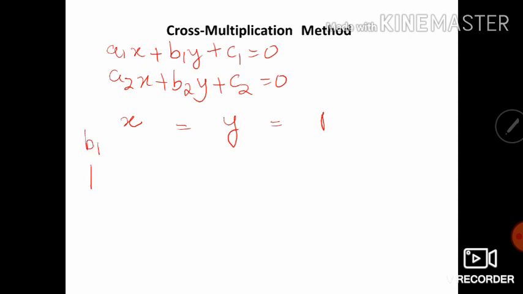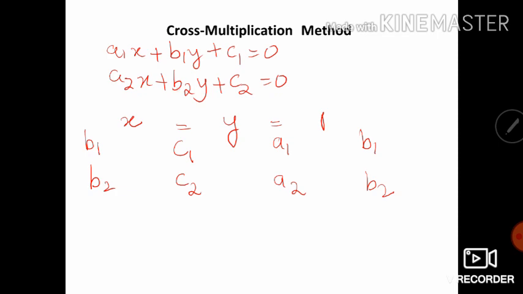So b1, b2. Between x and y, you will write the constants c1, c2. Between y and 1, you will write the coefficients of x terms a1, a2. And towards the right of 1, you will write again the coefficients of y terms b1, b2.